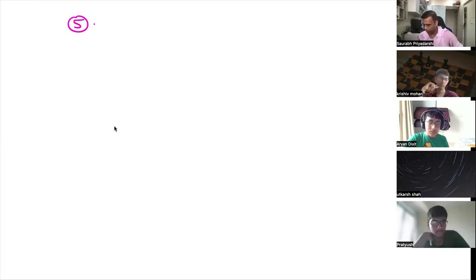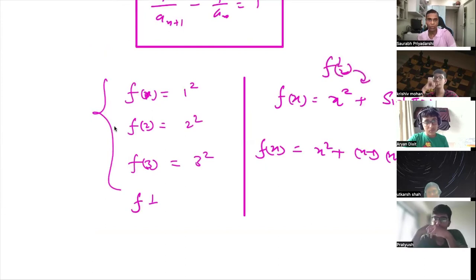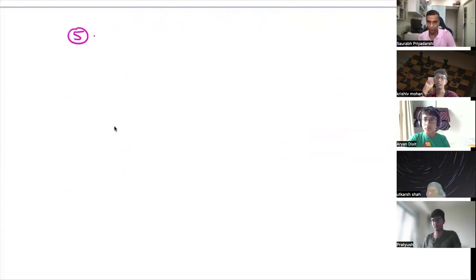Yes, Sanjana, this will be 0. But what about f of 1/2 in this case? f of 1/2 will not be 0. f of 1/3, f of 2/3, f of √2 will not follow x square. The sine pi x is also included in this.